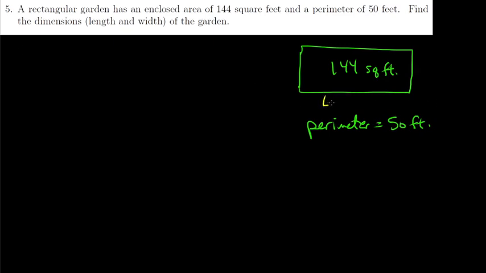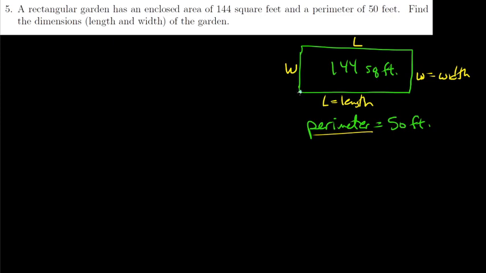We have the length, we'll call L, and we have the width, we'll call W. But this is also the length up here, and this is also the width. So what do I mean by perimeter? Hopefully you remember perimeter is just the distance going around the rectangle.